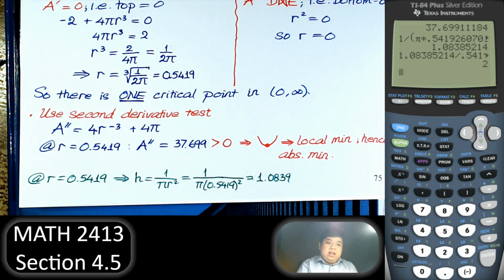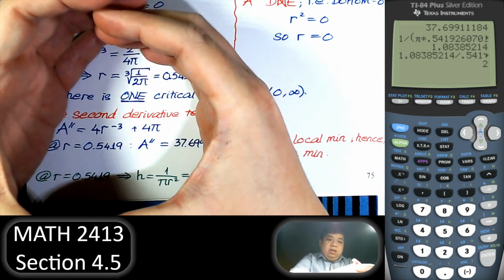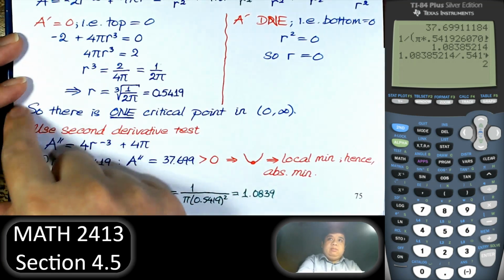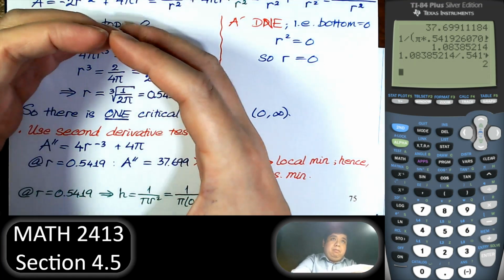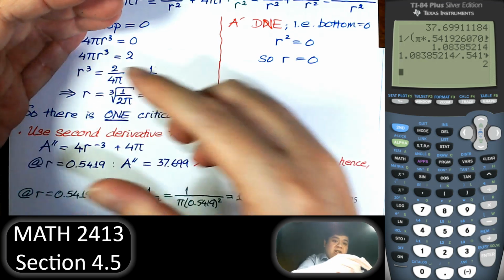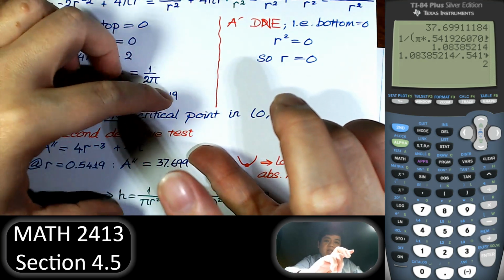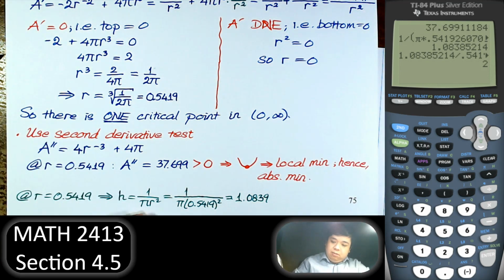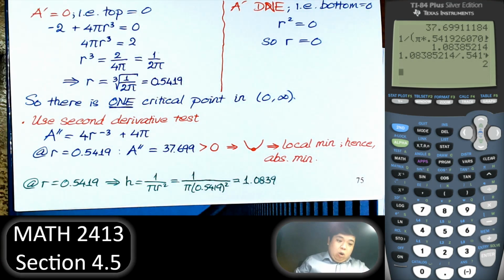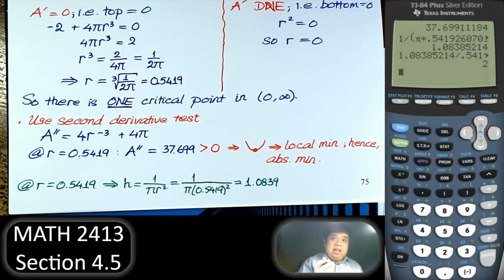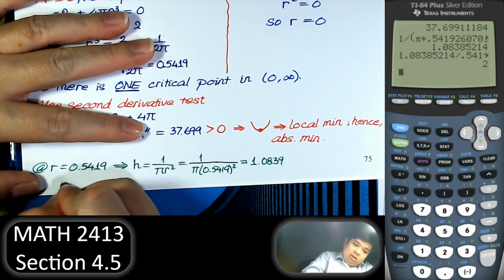So in this case, the diameter of the can is half of the letter size page here, and the height will be the same as the diameter. So the conclusion here is that the can with a constant volume will have the minimized surface area when the height is the same as the diameter.